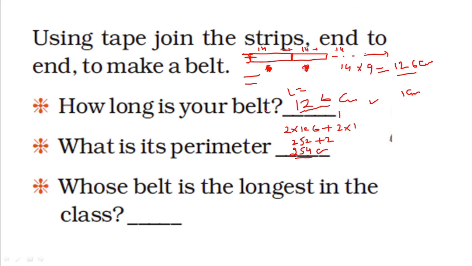So area will be 126 into 1 equal to 126 centimeter square. So area will remain the same.